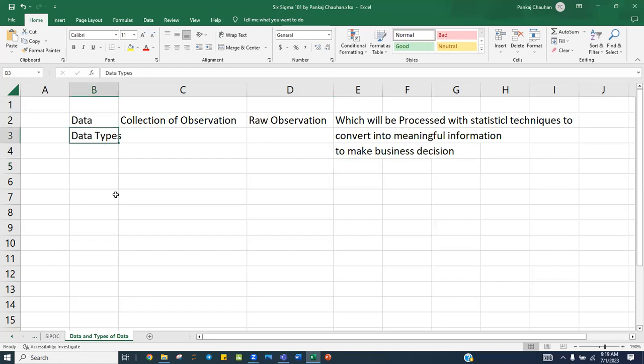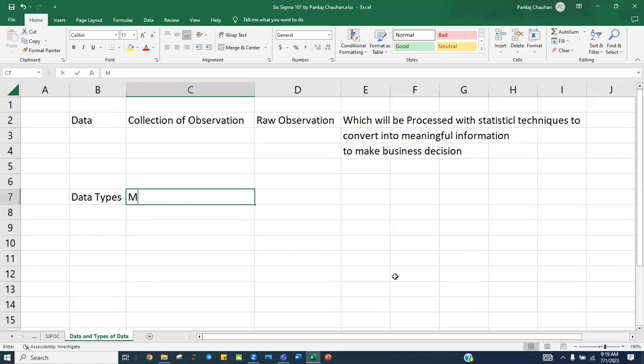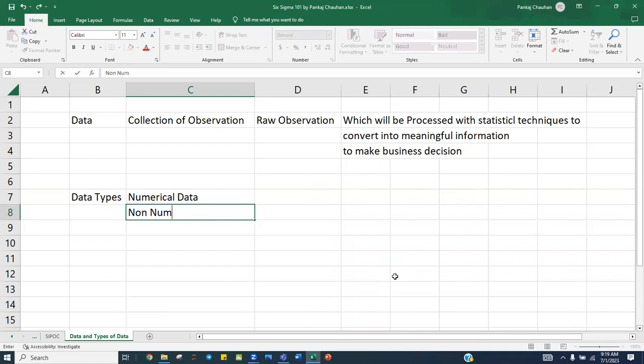So now the question is, what are the types of data we have? Mainly we deal with two types of data. Either you are talking about numeric values, which is called numerical data, or you are not talking about numerical, you are talking about text, which is called non-numerical data.